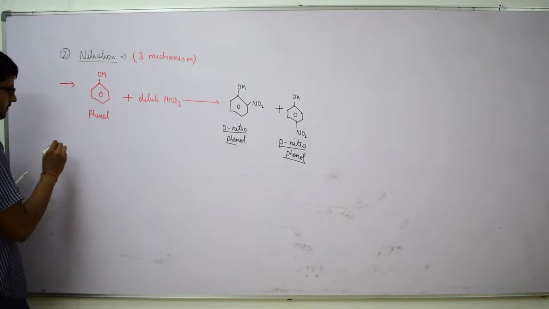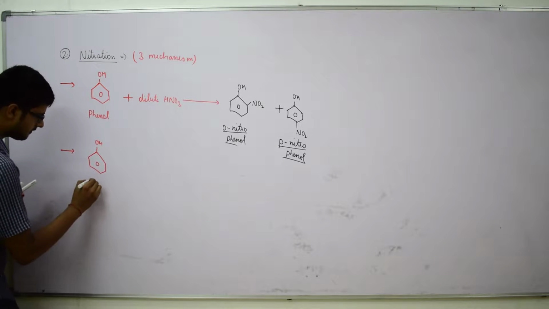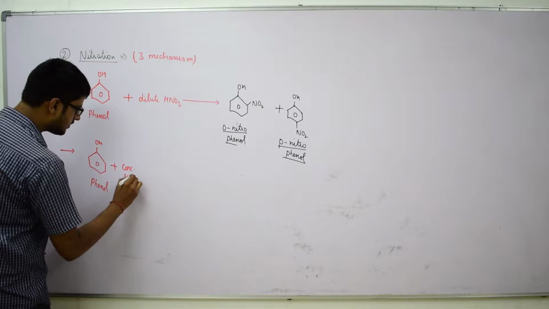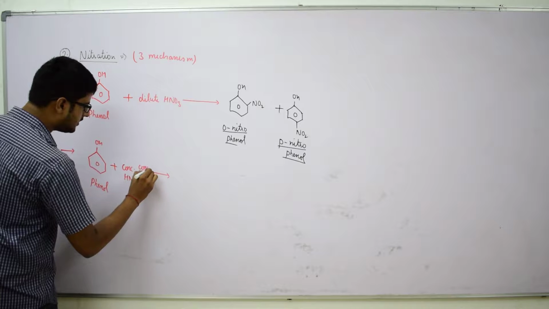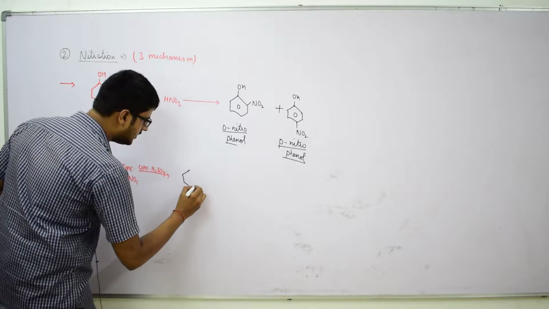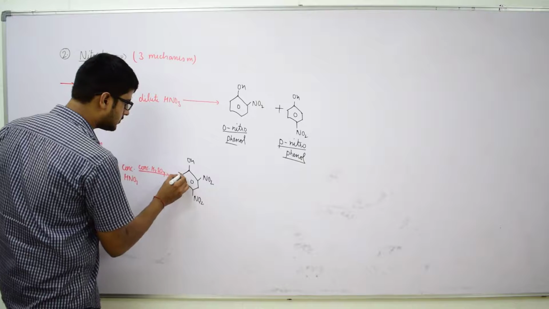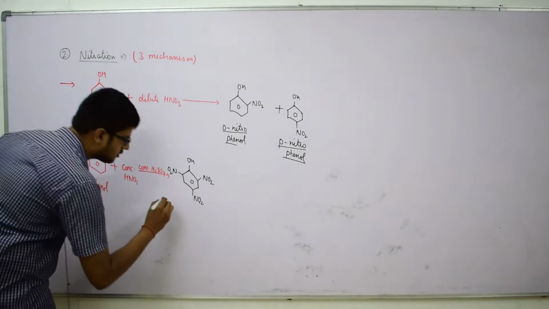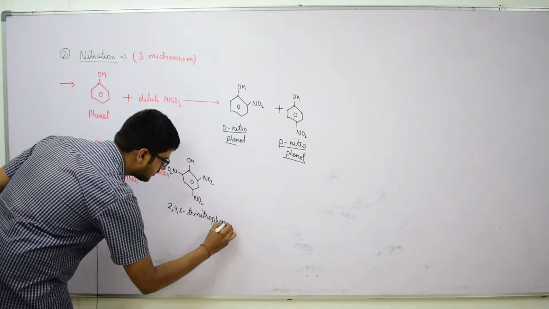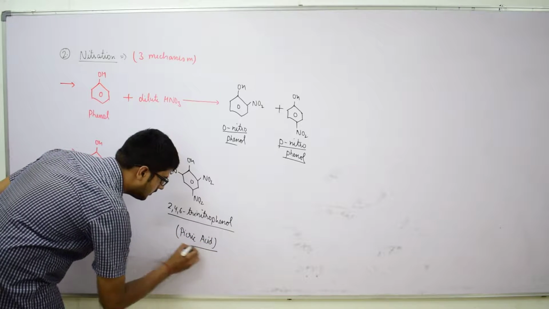In the second mechanism, when phenol is treated with concentrated nitric acid and concentrated sulfuric acid, 2,4,6 substitution takes place and it leads to the formation of 2,4,6 trinitrophenol, or it is commonly called picric acid.